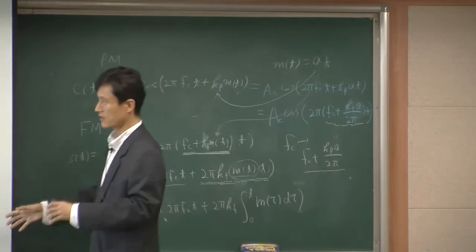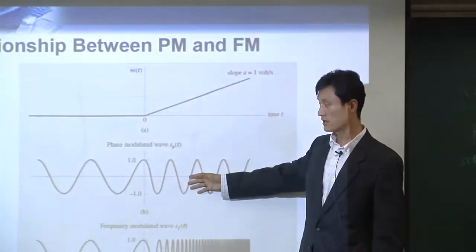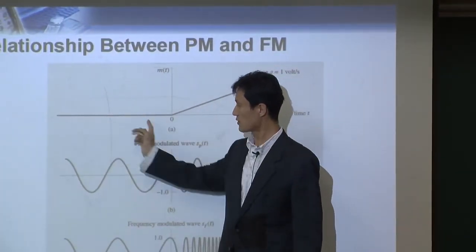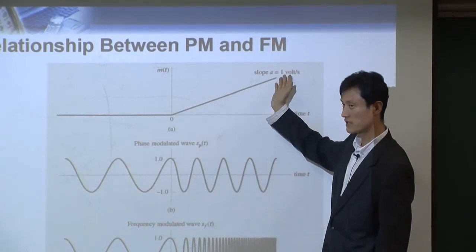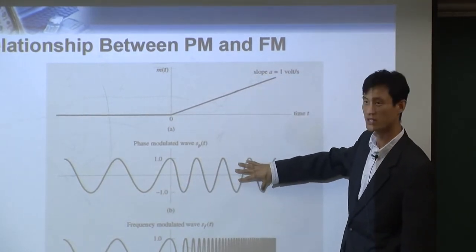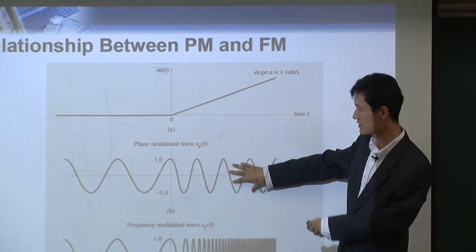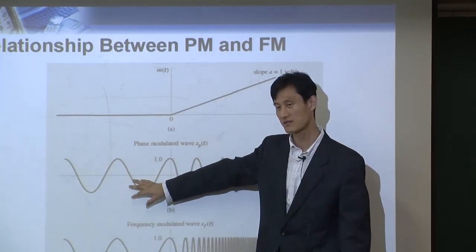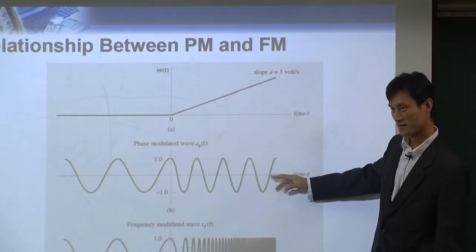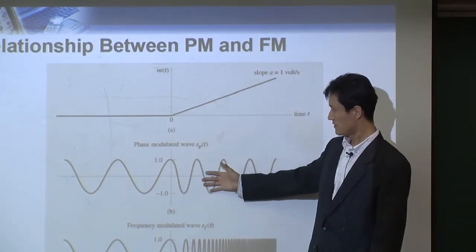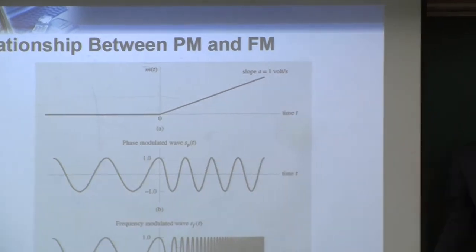So when you look at the output here, when the message was 0, it was this frequency. But once the message goes up linearly, you're going to look at another frequency, a little bit higher than this one, and you see that the frequency is constant right here. Why is that?